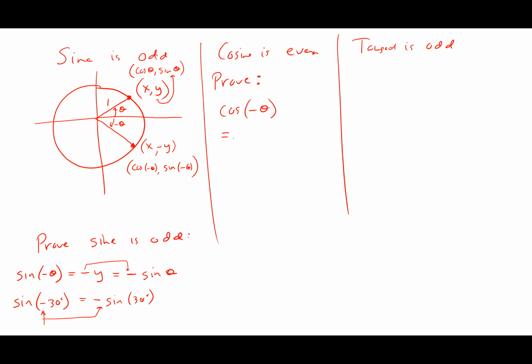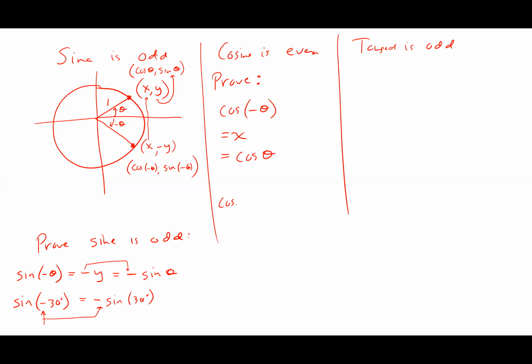X. Just the x coordinate, right? And notice the x coordinate here is exactly the same as the x coordinate there. So that just means this is cosine of theta. Ooh. Okay, so cosine being an even function just means this.